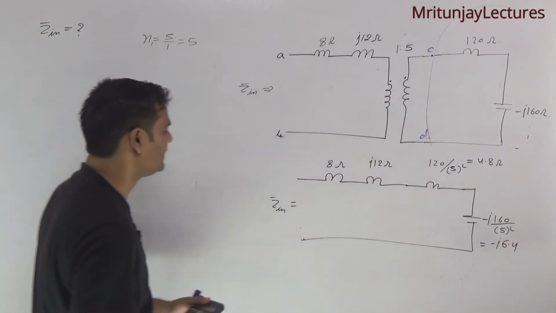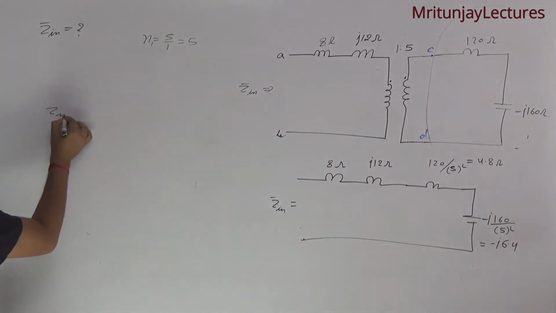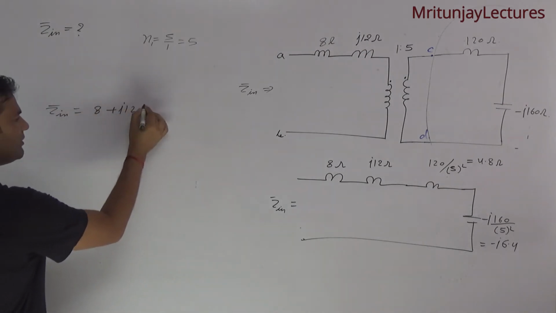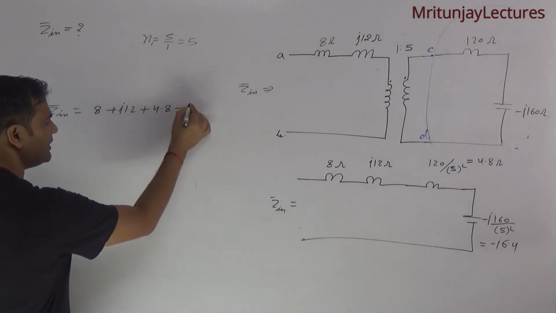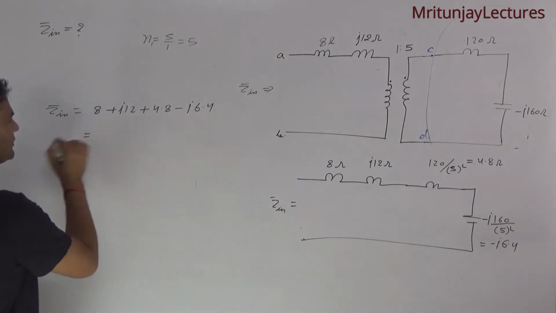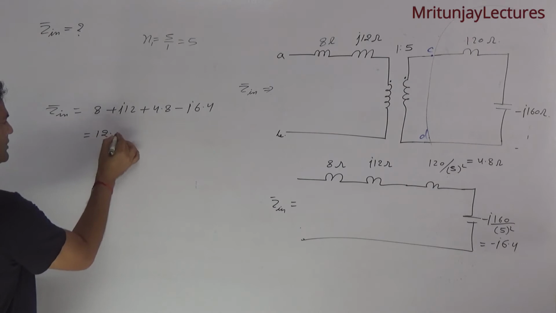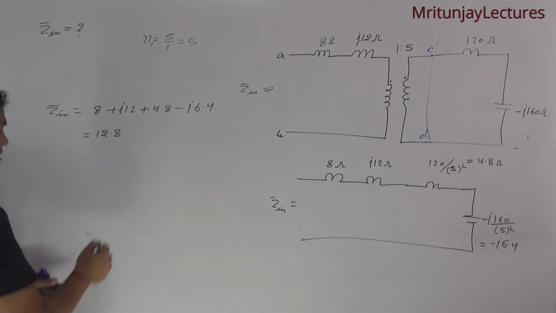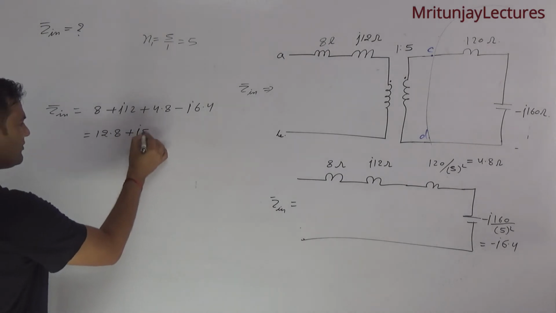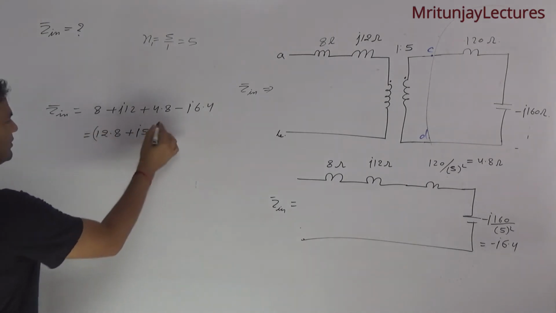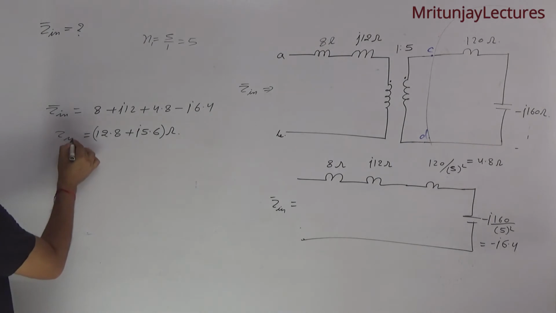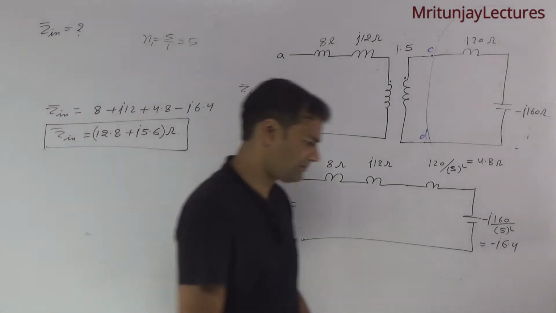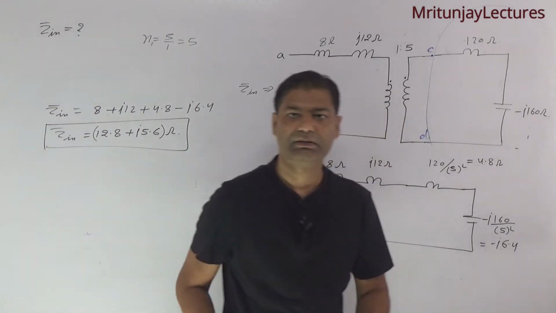So finally Z in is written as 8 plus J12 plus 4.8 minus J6.4, that is 12.8 plus J5.6 ohm. This is Z in. Clear?